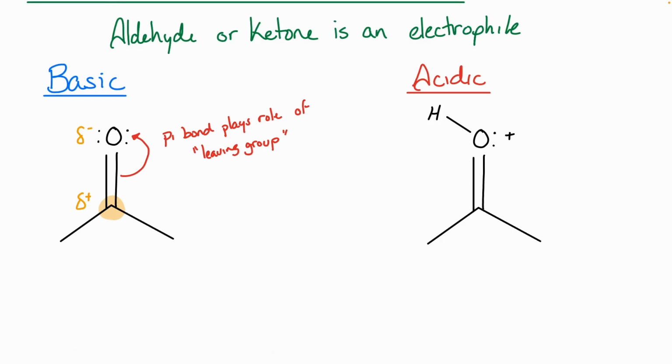Okay, and remember these two features that make this carbon such a good electrophile: not only that it has this partial positive charge, but that lone pair is being pulled up onto that oxygen. And since that oxygen with a protonated carbonyl group has a positive charge, it's going to be pulling that electron density onto itself even more strongly, right?